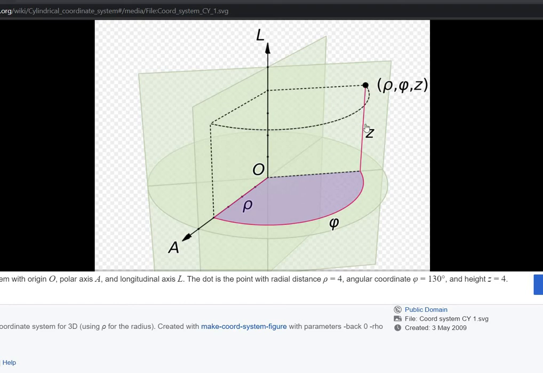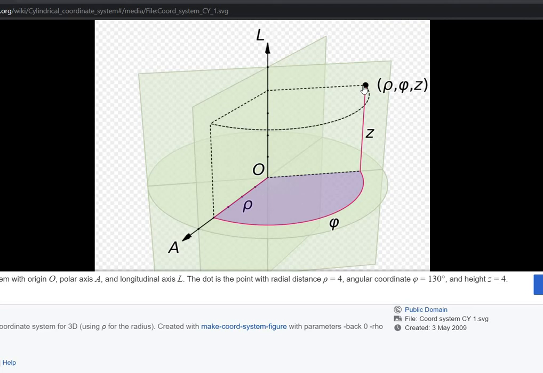Then how can you represent it? Consider this is a point. Neglect these portions, and only consider this point in a three-dimensional space, and imagine that there exists only this axis and this point.